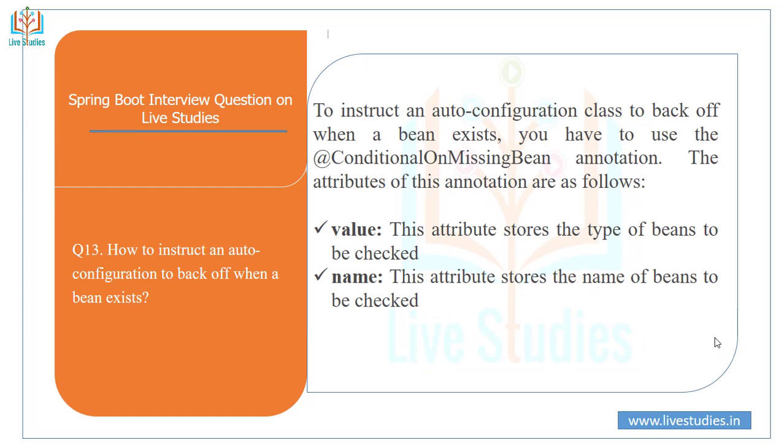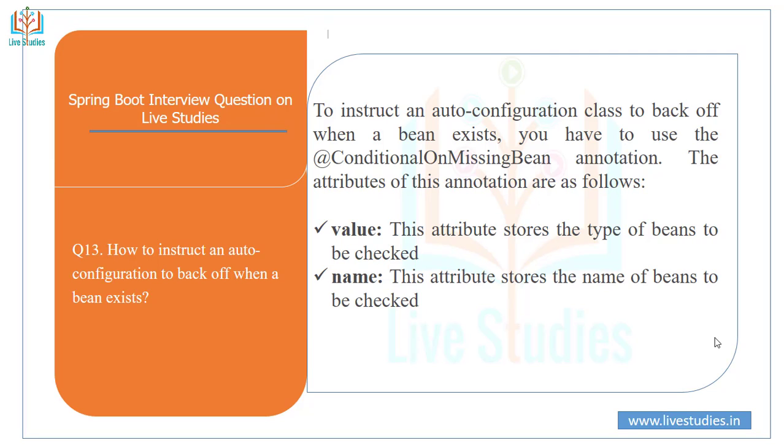Another question: how do you instruct an auto-configuration to back off when a bean exists? To instruct an auto-configuration class to back off when a bean exists, you have to use the @ConditionalOnMissingBean annotation.